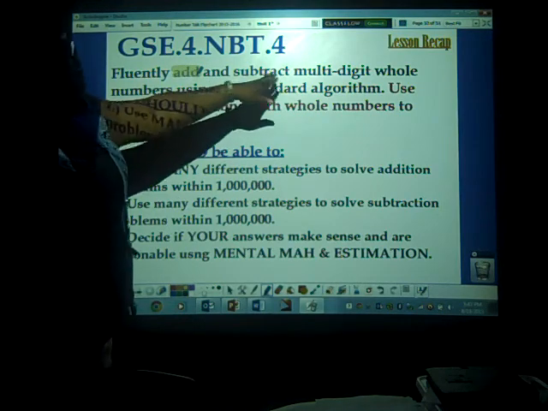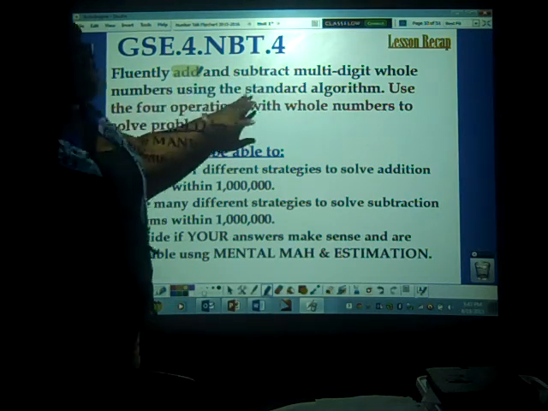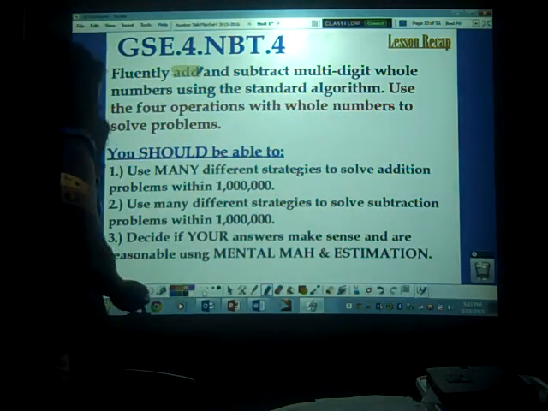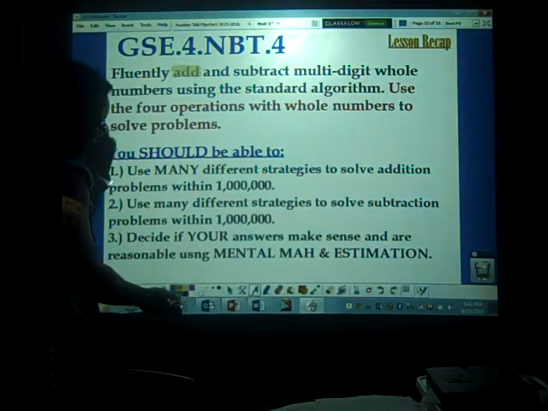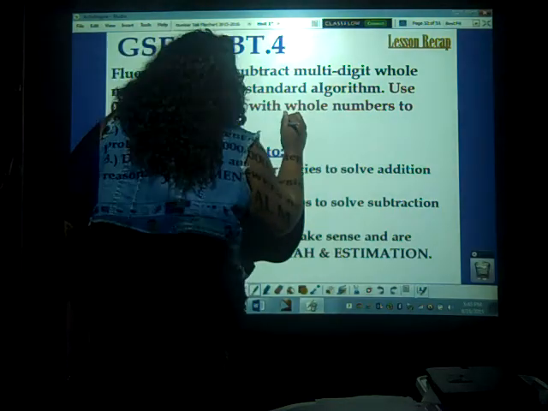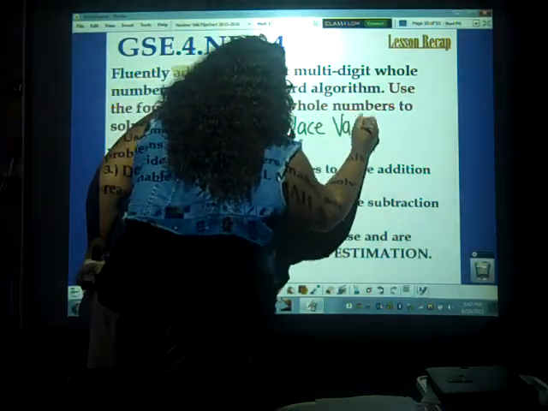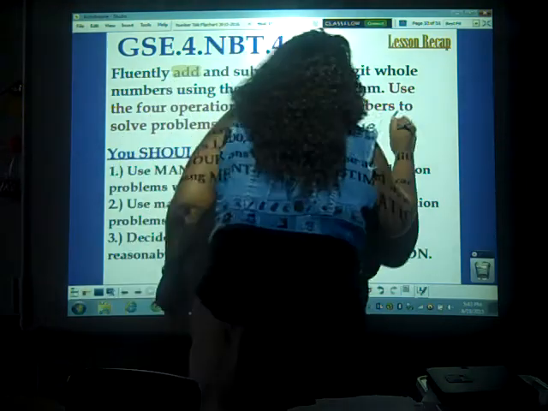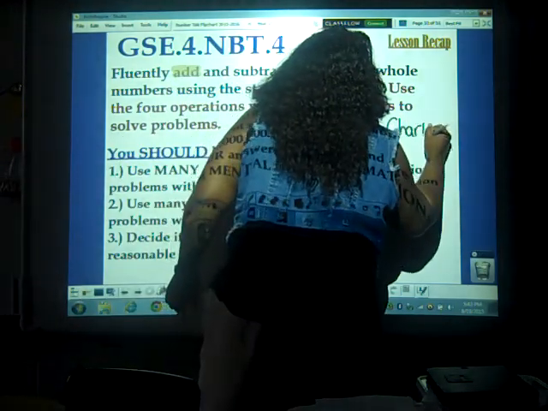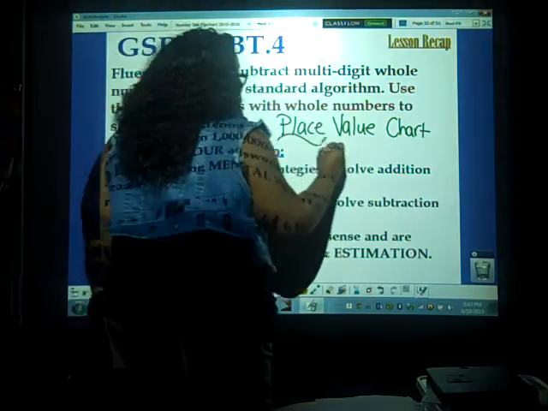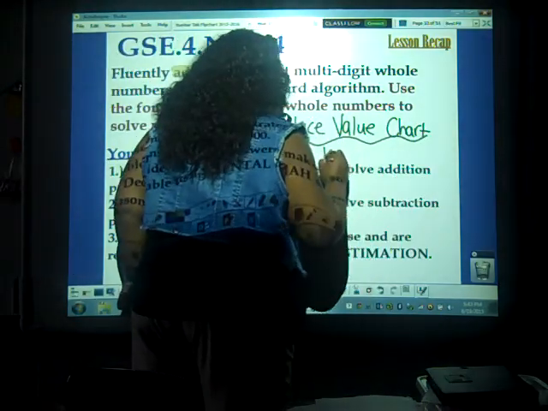add multi-digit whole numbers using the standard algorithm. But don't forget, we also had the help of our friend place value chart. And some people like to say that a place value chart is like a tool.